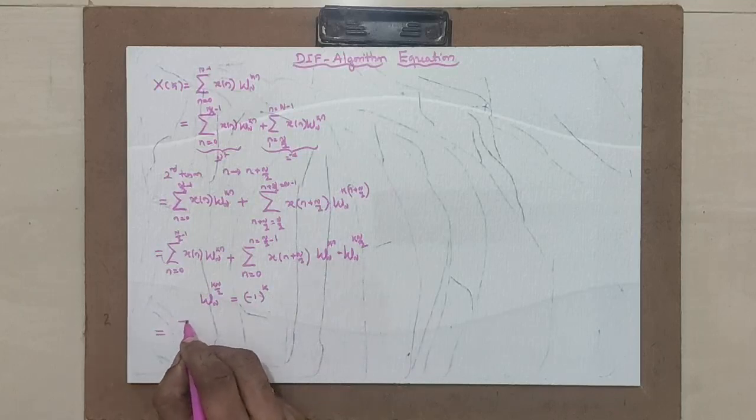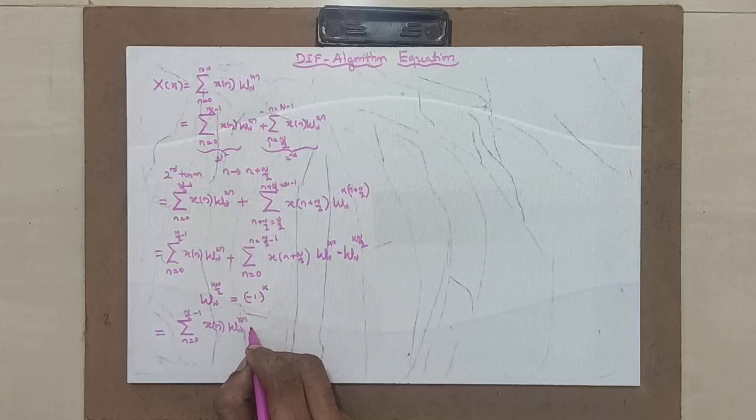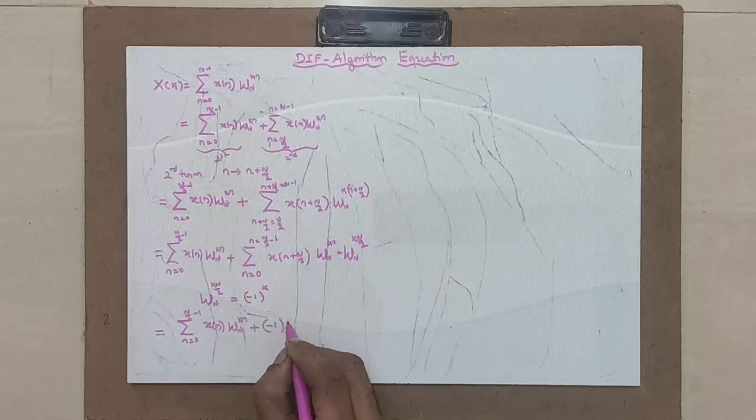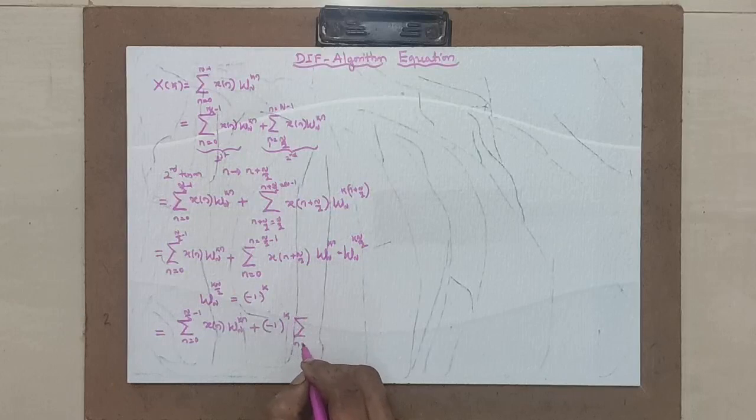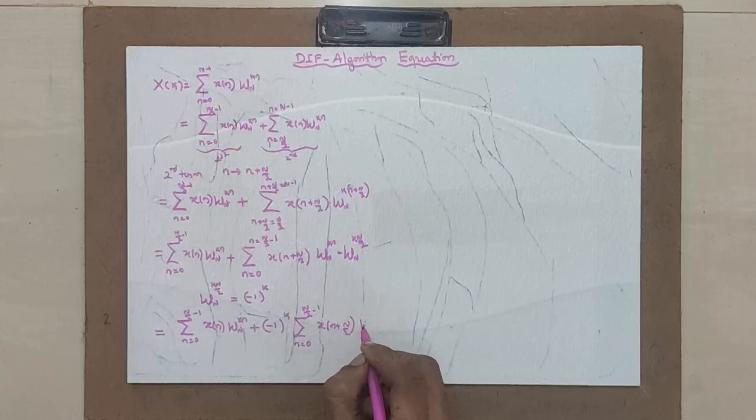everything becomes like this: summation n is equal to 0 to N by 2 minus 1 x of n W_N raised to kn, plus minus 1 raised to k, which is a constant now. It is a constant in the sense that it depends on the k value. Then summation n is equal to 0 to N by 2 minus 1 x of n plus N by 2 W_N raised to kn.